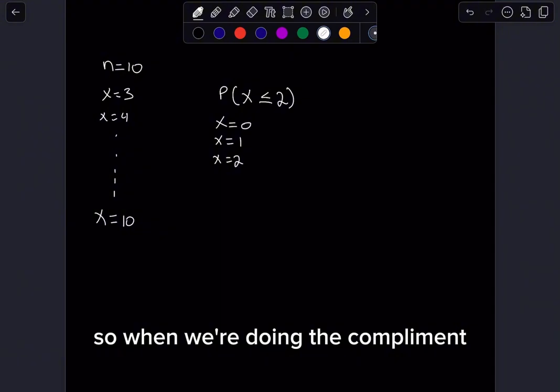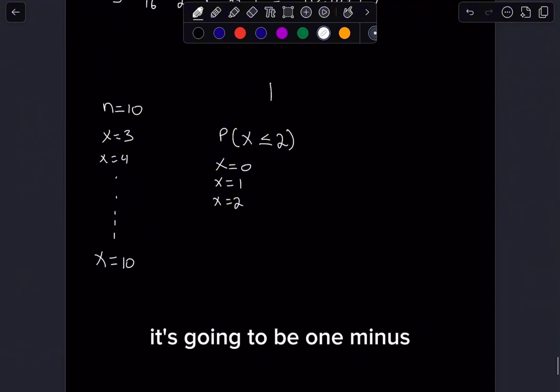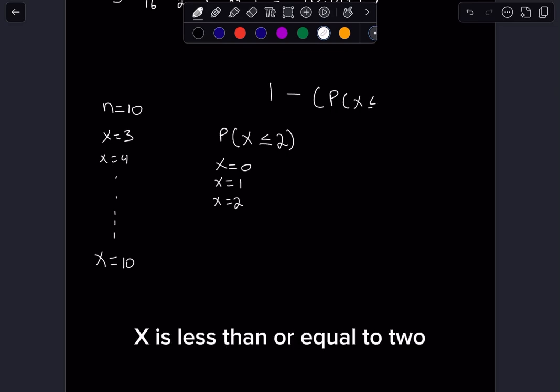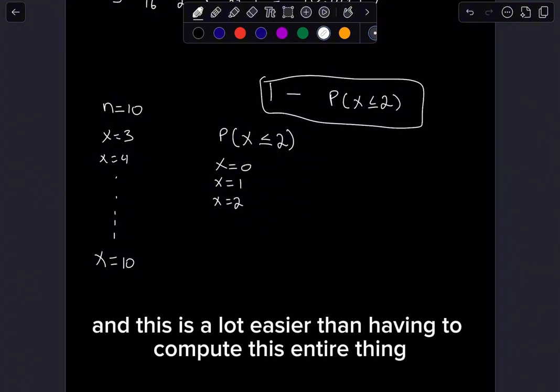So when we're doing the complement, it's going to be 1 minus the probability x is less than or equal to 2. And this is a lot easier than having to compute this entire thing.